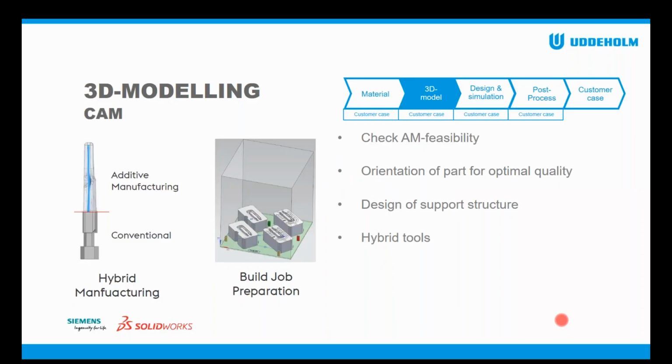The next step is 3D modeling. This is where we check the feasibility of the part, or we use knowledge that we have from before and see if this is a good part to produce for additive manufacturing or not. Here we would like you to reach out to us as soon as possible in a new project or an ongoing project.